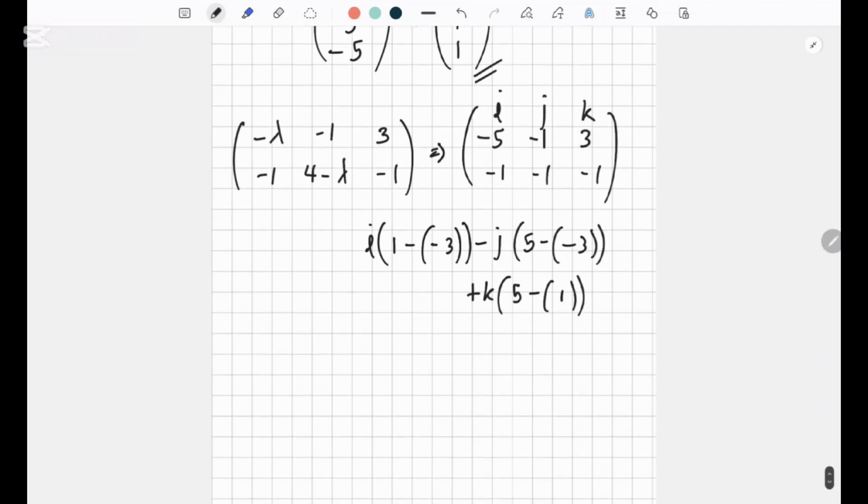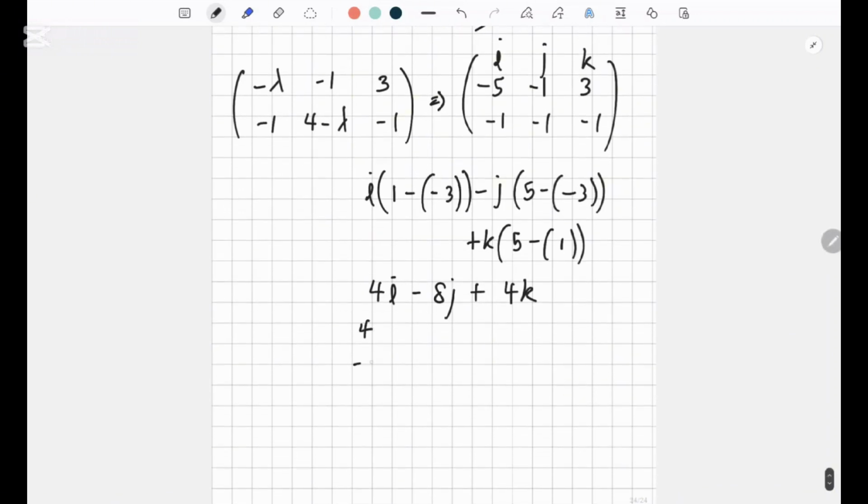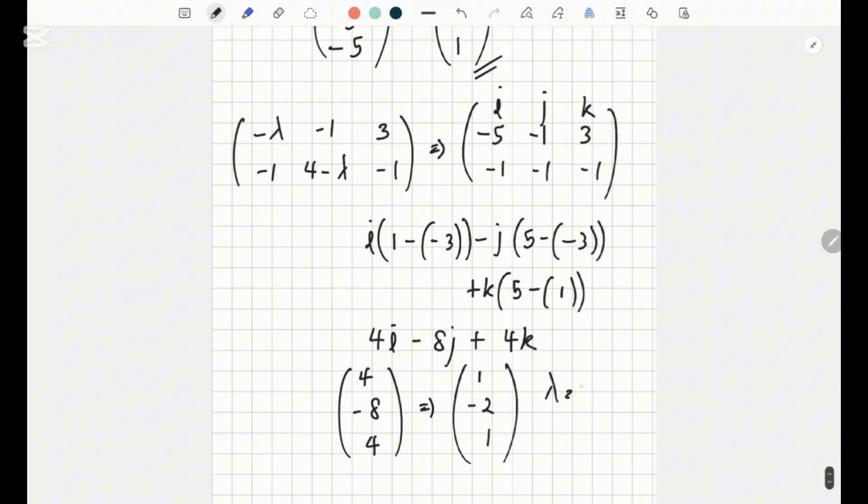So this gives you 4i minus 8j plus 4k. So you can write this as 4, minus 8, 4. Now you can see 4 is common. So it's 1, minus 2, 1. This is your eigenvector for lambda equals 5. That is how we do it.